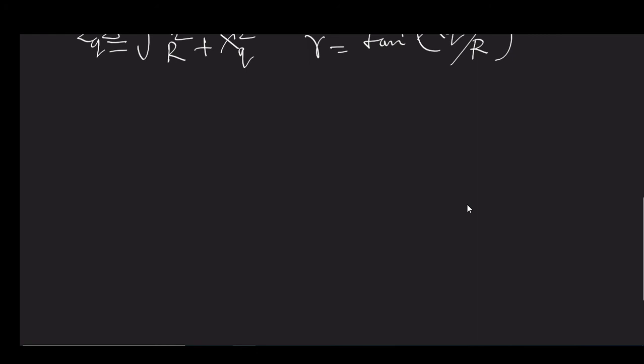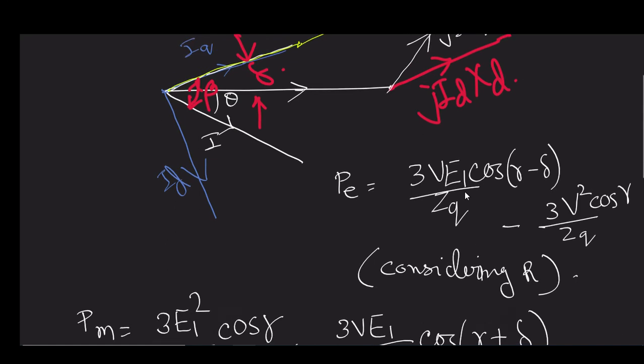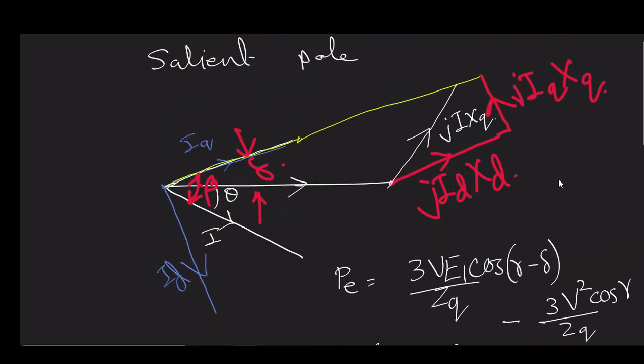So once again, what we can write is something in terms of the phasor diagram. Can't we write, try to understand this, I cos theta is equal to... check it, what is our I cos theta?